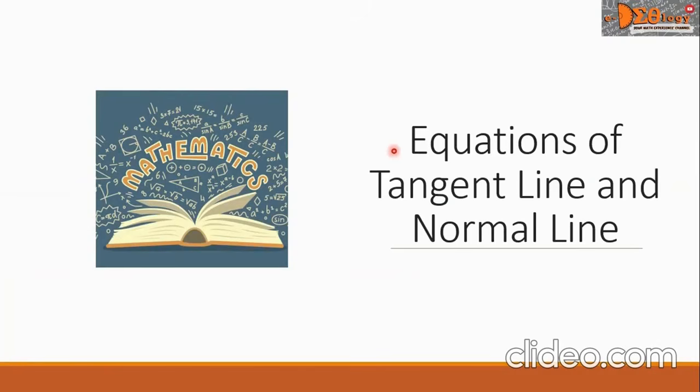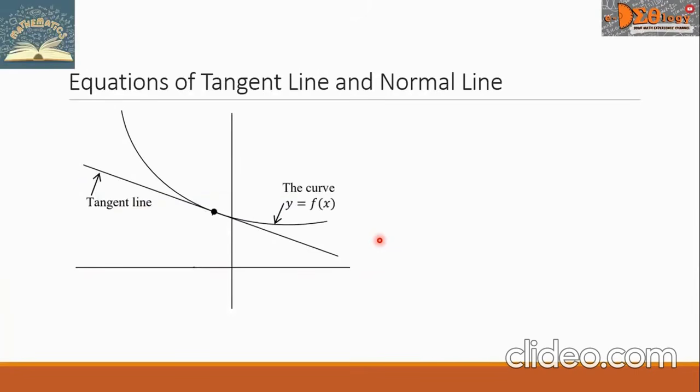Today, we're going to study equations of tangent line and normal line. Given the function y equals f of x, and this is the curve. Now, we have a tangent line that intersects the curve at the point x sub 1, y sub 1.